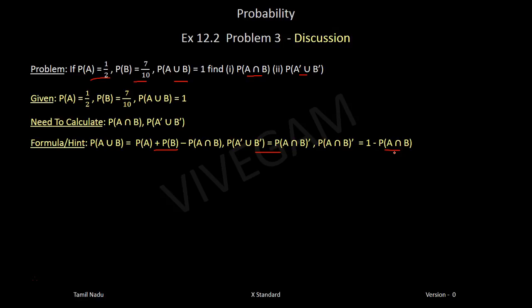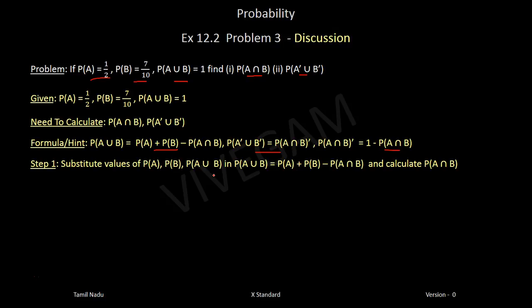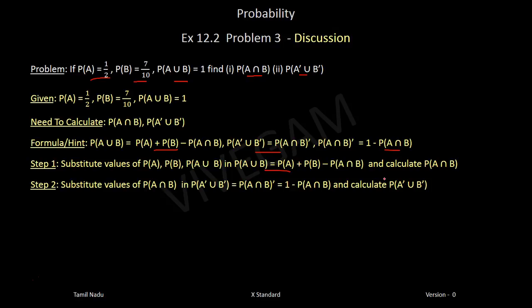Okay, so what's the step? Substitute the values of probability of A, probability of B, probability of A union B in this formula and get the value of probability of A intersection B. Done. Step 2. You have to now calculate. You already have the value of probability of A intersection B, and we are asked to find probability of A complement union B complement, which is probability of A intersection B the whole complement by De Morgan's law.